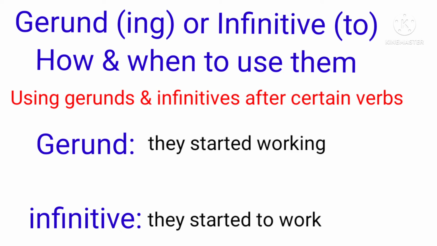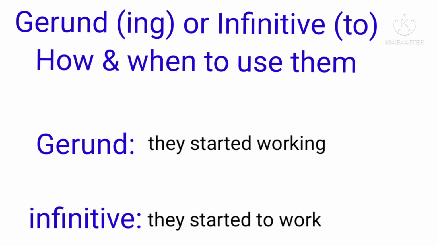Now, they start working. This is a gerund. They start to work. This is an infinitive, because start can be followed by the infinitive or the gerund. This word allows us to use both the infinitive and the gerund.